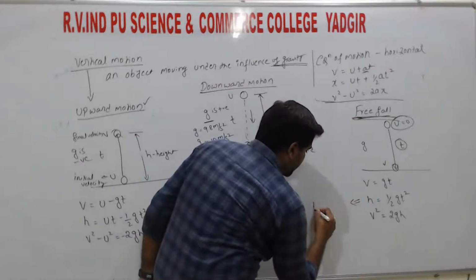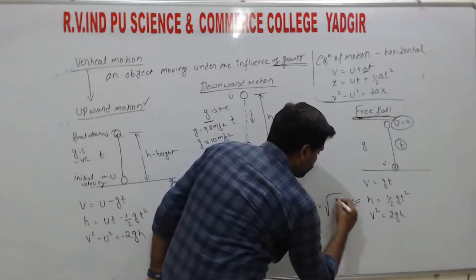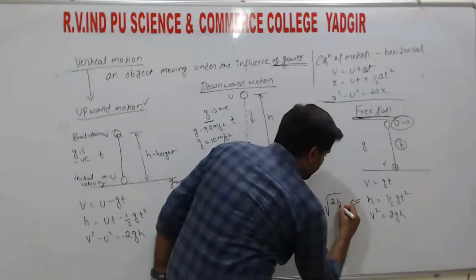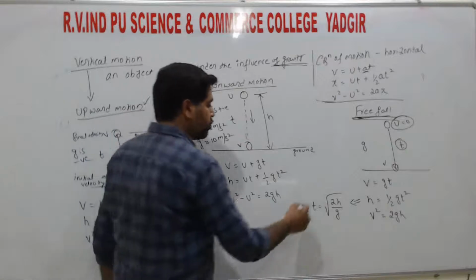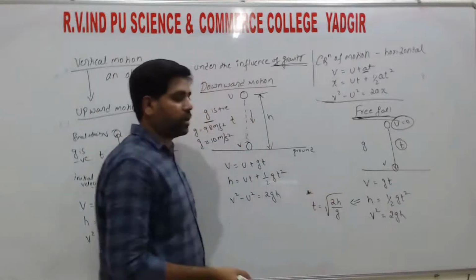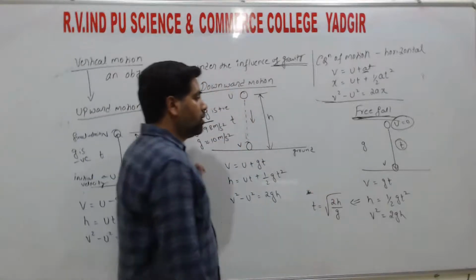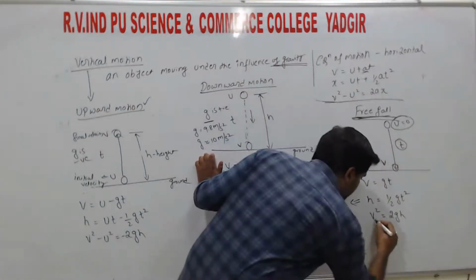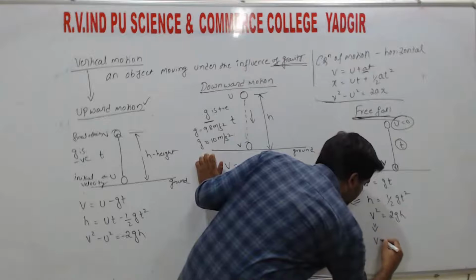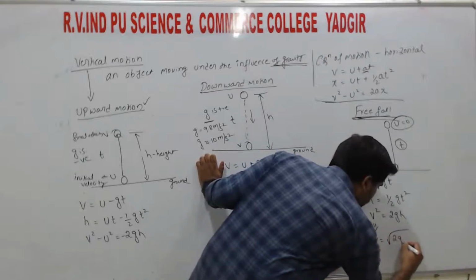From this we get t is equal to square root of 2h divided by g. We need to remember this part. Next, at what velocity will the object reach the ground? That is from this relation, v is equal to the square root of 2gh.